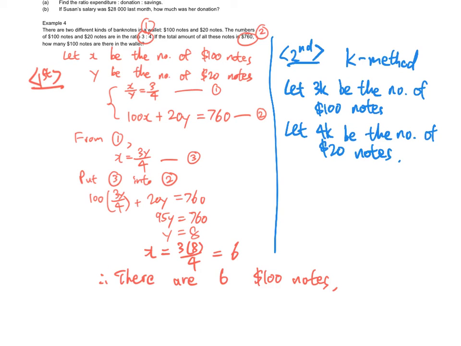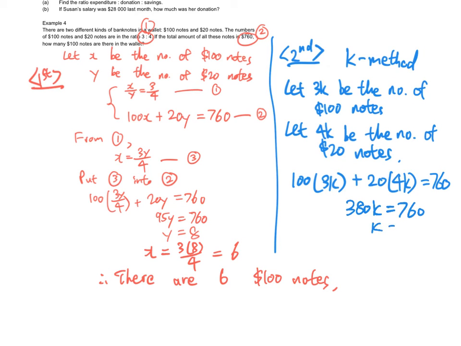Okay, and we can use this one. 100 times 3K plus 20 times 4K equals 760. The total amount of 100 notes would be 100 times the number of 100 notes, and so on. This one we can get 380K.